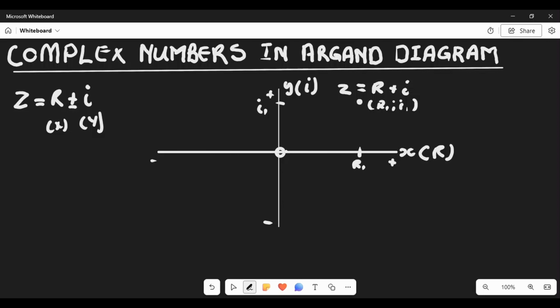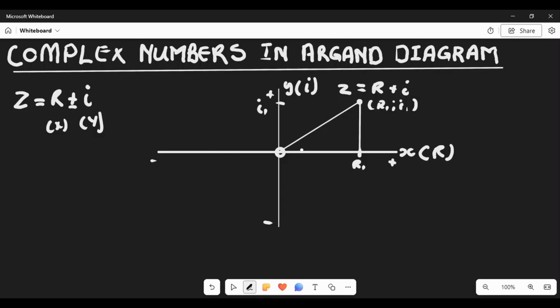So when you draw the Argand diagram, you start from the origin to the point there. So from the origin to the point, then from there you can draw a line that is parallel to y, or the imaginary axis. So when it's like this, it becomes our right angle triangle here.